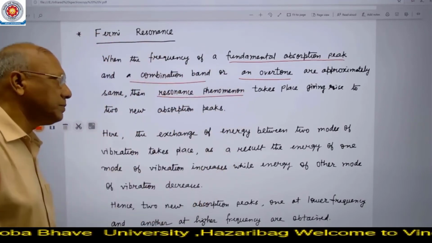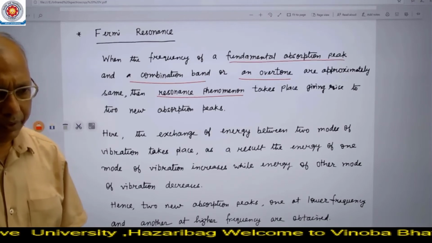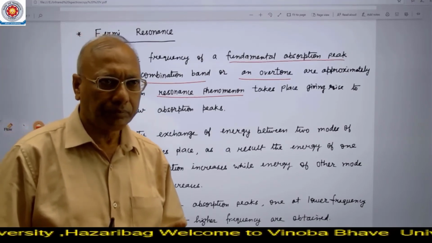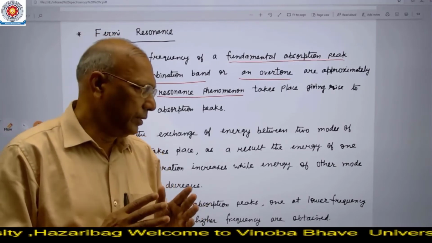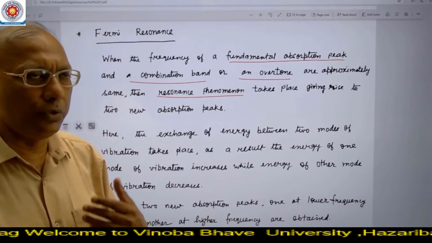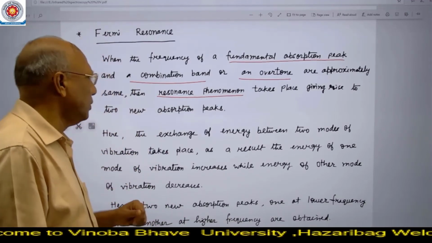What is the resonance phenomenon? We know in physics that when two bodies or two particles have the same frequency, then they start vibrating with more amplitude, and that phenomenon is called the resonance phenomenon.